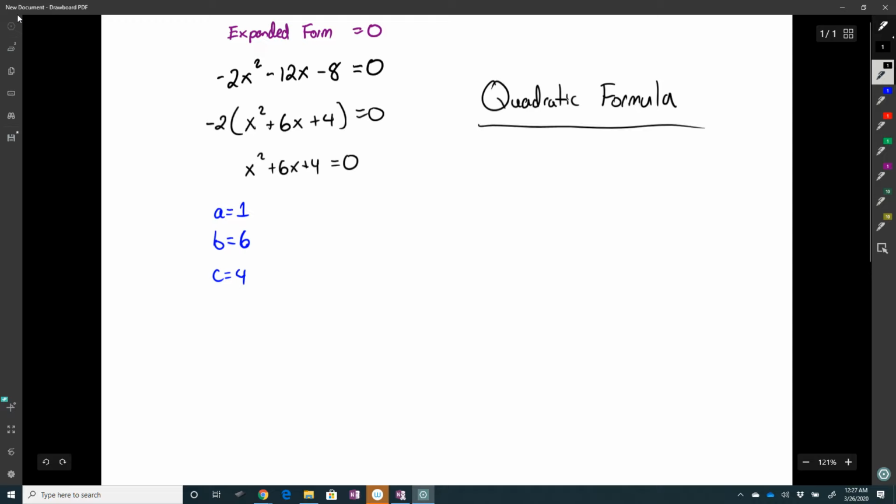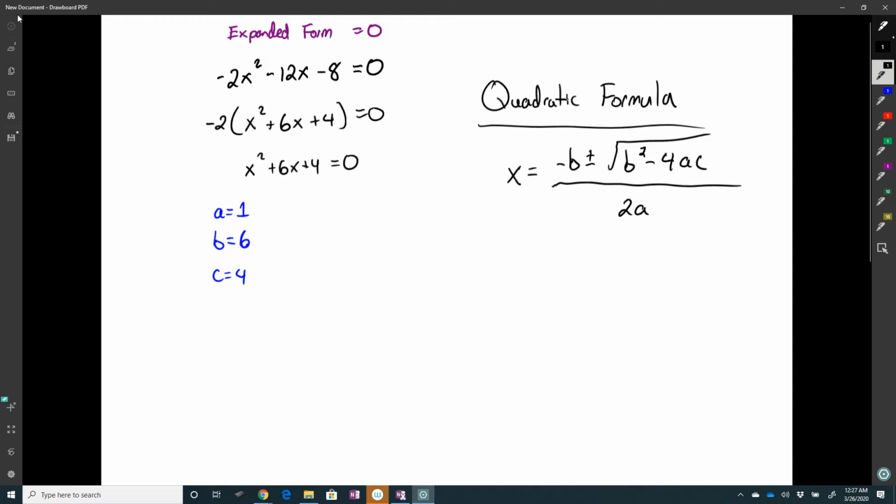And the quadratic formula is an equation that you must have memorized. Negative b plus or minus the square root of b squared minus 4ac, and the entire thing divided by 2a. The entire thing. So if I follow that formula, it's just going to be negative 6 plus or minus the square root of, and you can do the easy steps in your head.